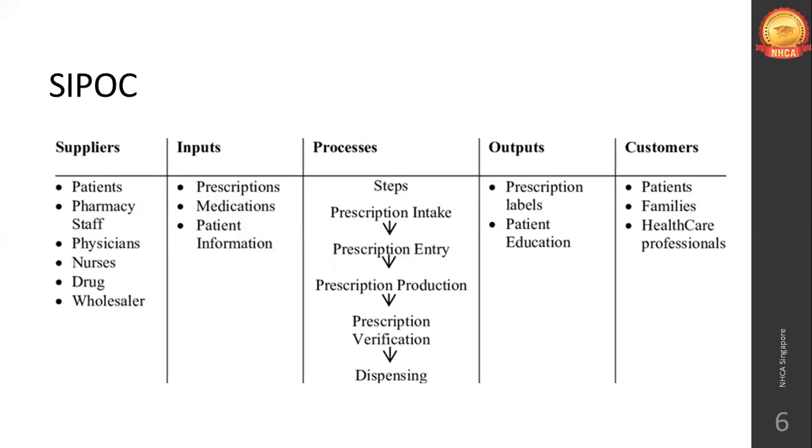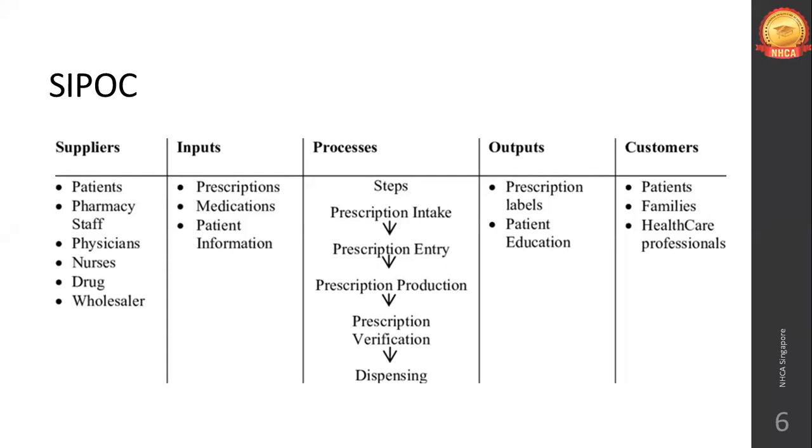So the SIPOC chart is a series of steps and activities in the form of inputs, outputs, and customer feedback put into a chart. SIPOC stands for supplier, input, process, output, customer. Suppliers are patients, pharmacy staff, physicians, nurses, and drug wholesalers.